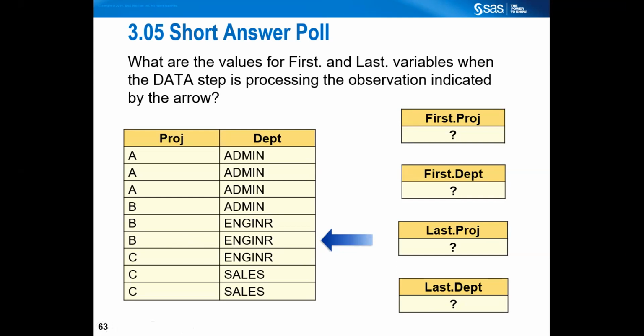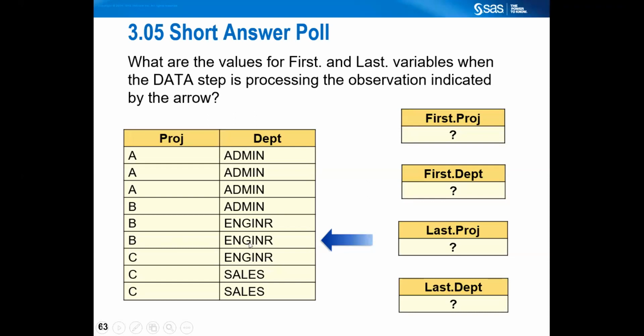First dot project is 0, because it's the last observation, correct?